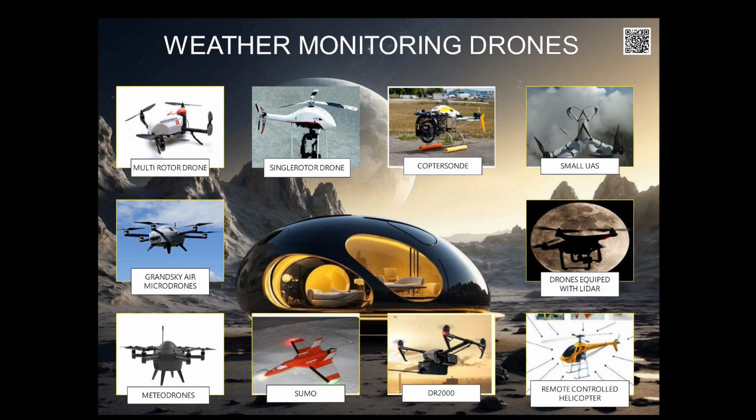Correct? Now there is also another version, the small unmanned aerial vehicle. It is often known as small UAS. What do you mean by small UAS? Small UAS is small unmanned aerial system.